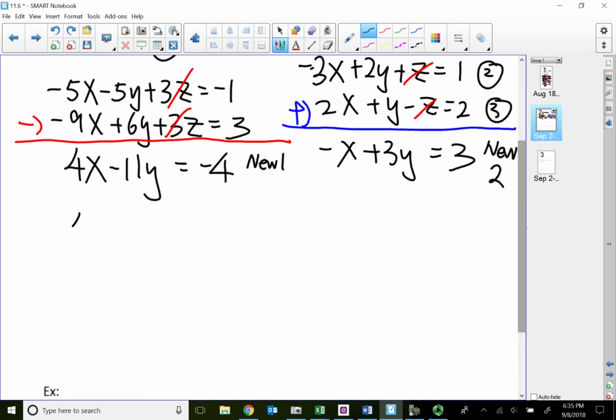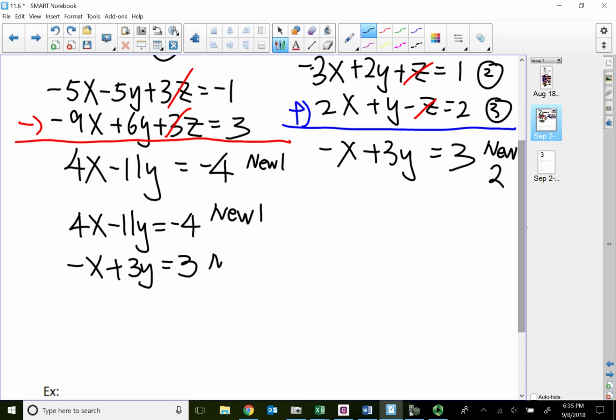So my new 1 is 4x minus 11y equal to negative 4. My second equation, my new 2, is this. Since my new 2 has a coefficient of 1, I'm going to solve for that x in new 2.